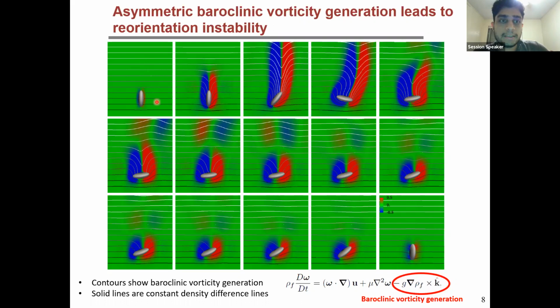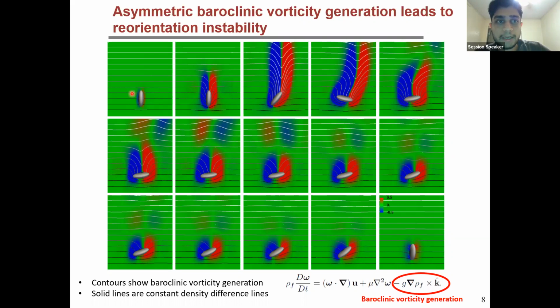Once it reaches a terminal velocity, it experiences vortex shedding, which takes place alternatively at either edge. Because of that, it settles in an orientation such that its broadside is horizontal.